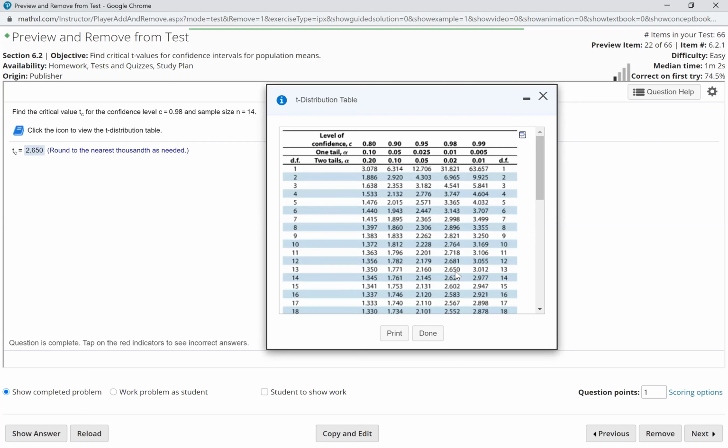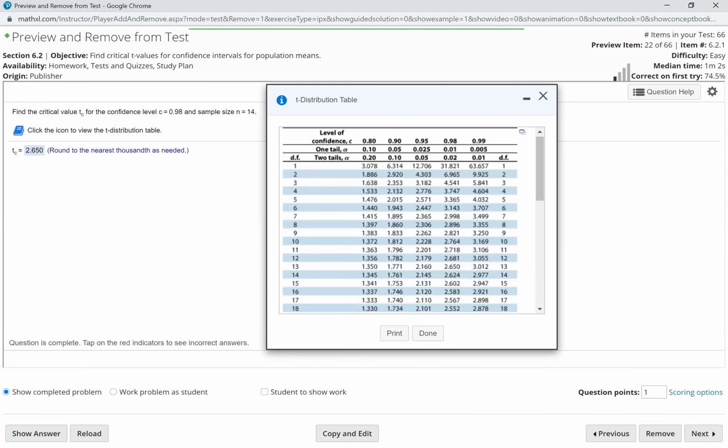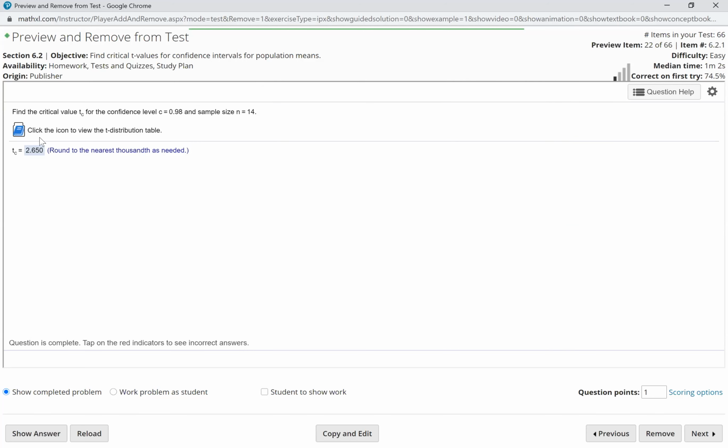So that will be 2.650 right here. I'm not sure if you were able to see the table, but it popped up. Next question.